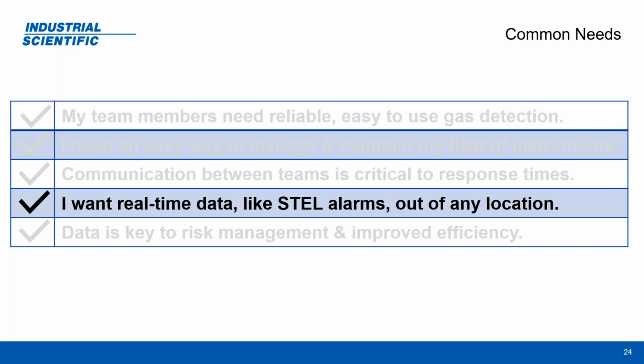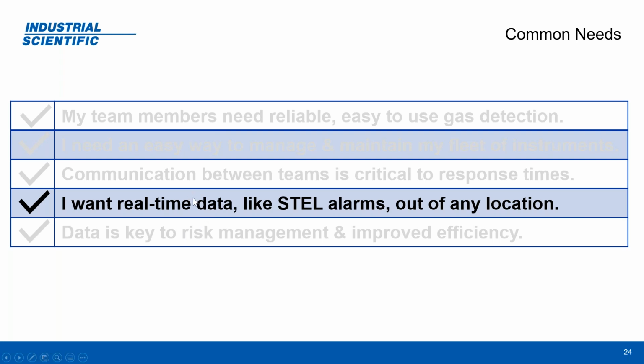Before we put wireless functionality into gas detectors, we had a lot of comments from customers that said, yes, everything we see in iNet Control in terms of data, in terms of alarms, is great, but it would really be nice if we could see these alarms when they occur and respond to them in real time, not just after the fact, when we're having to investigate an incident, or when someone brings a monitor back in at the end of the day.